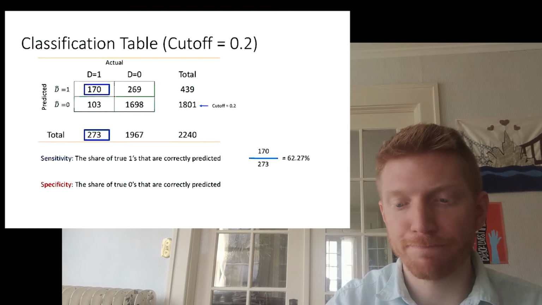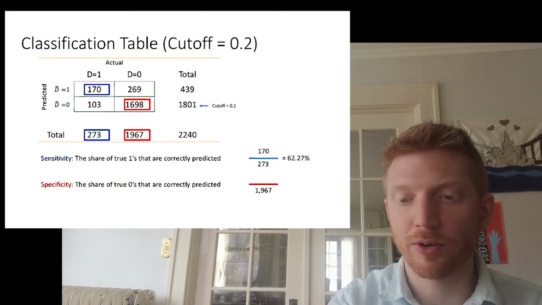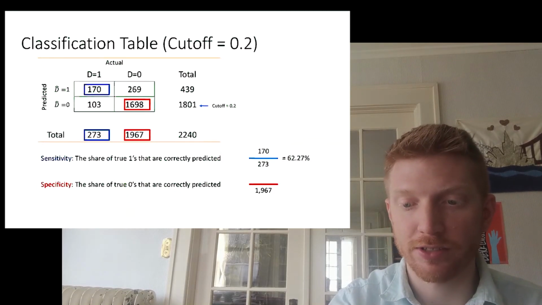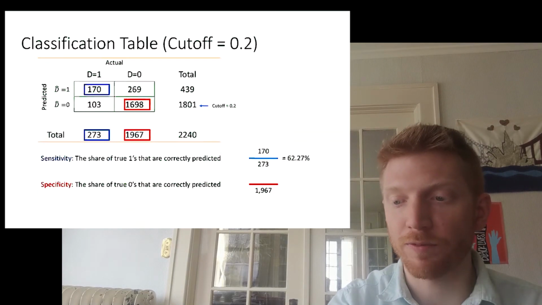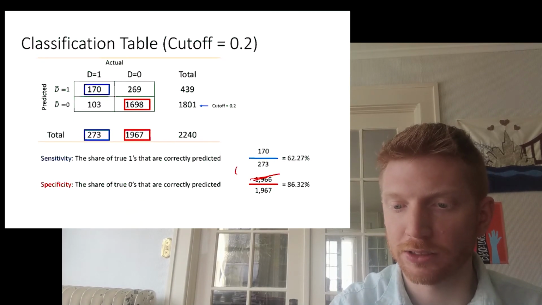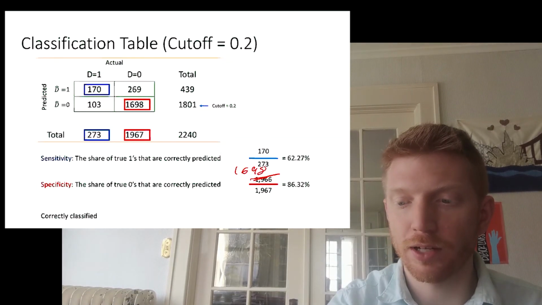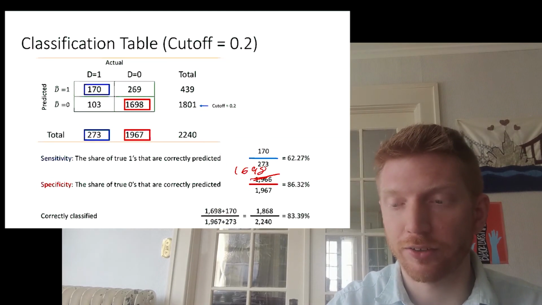Our specificity is the share of true zeros. We had 1,967. However, instead of predicting 1,966, we've dropped. We're now only predicting, I'm sorry, this is a typo here, 1,698. And in terms of correctly classifying, what we have is 1,868, or 84%.